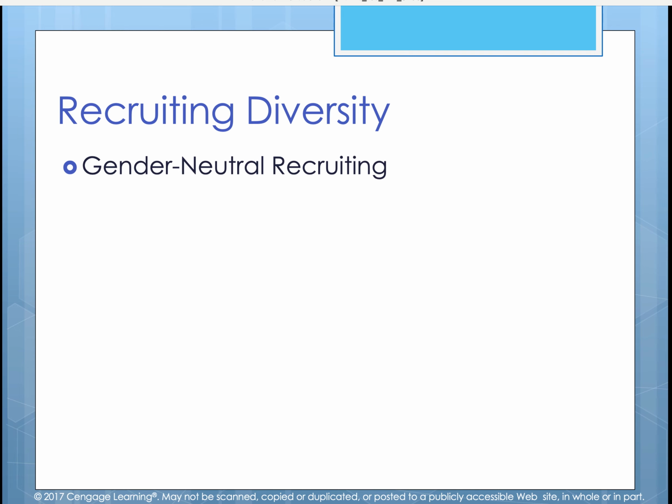So we have to look at gender neutral recruiting, and some people take this to mean something beyond what it means. Gender neutral recruiting means that you're not going to allow your bias to come in. For instance, I can't request a male assistant or a female assistant, because there's nothing requiring their gender to be the prevailing reason for them to be hired as the assistant to me as a professor.